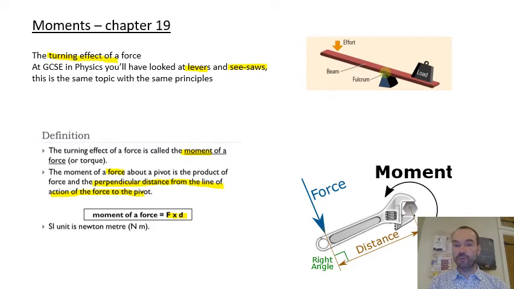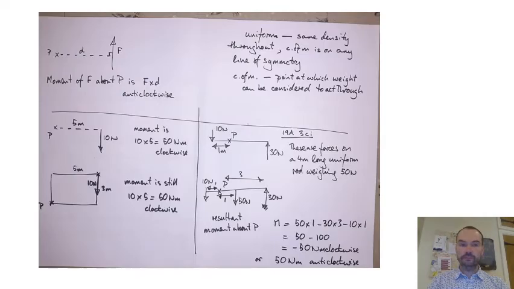So in the example on the bottom right, if you've got that force acting at that distance, the turning effect about that point will be the force multiplied by the distance. So again, the same definition.